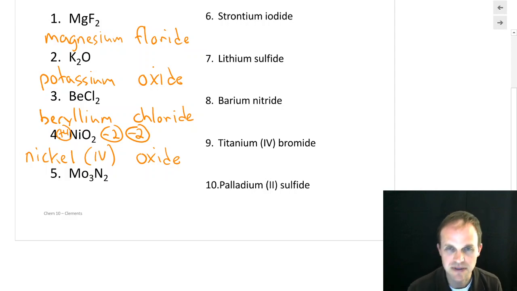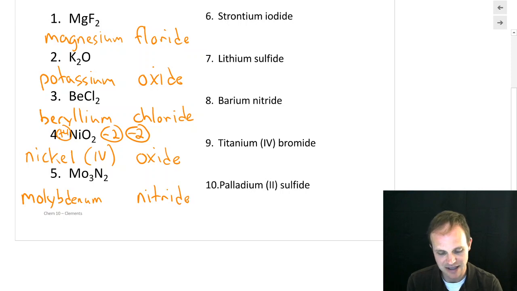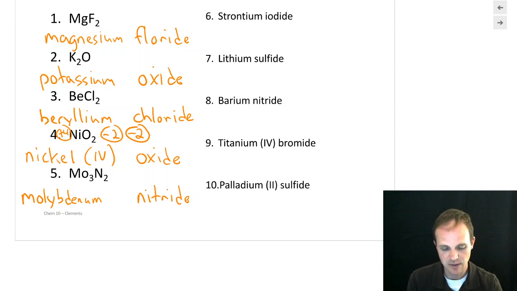The next one, molybdenum and nitrogen. Molybdenum, and nitrogen is going to be called nitride, right? Because it's an ionic compound, a metal and a non-metal. But what charge do I put in there? We can figure this out the long way, right?